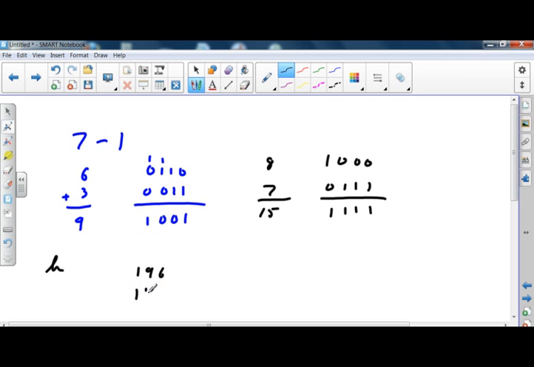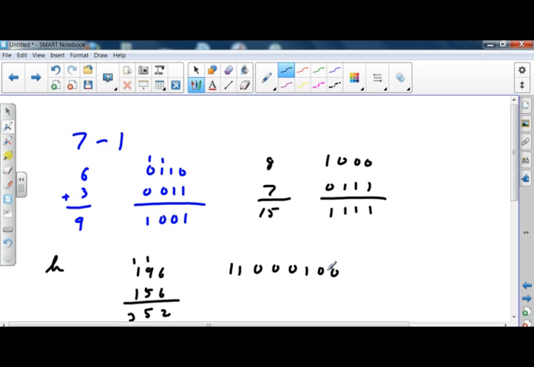196, 156. 2, 1 to carry 5, 1 to carry 3. Okay, 196. Take my calculator out, turn it on. 196. Second function, base, convert to binary. And so I got 1, 1, 0, 0, 0, 1, 0, 0. 156, convert to binary.